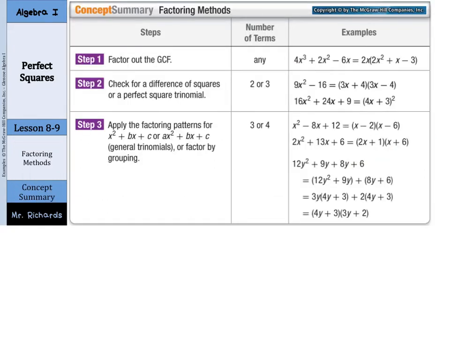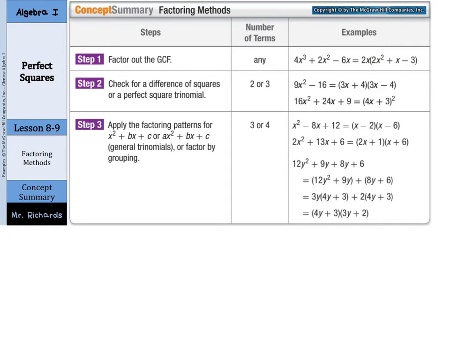So here is a summary of our factoring methods. Now, when you factor, you do need to have the polynomial written as a product of prime polynomials. You want to have it so it cannot be factored anymore. And so here are the steps that you can take. You can factor out the GCF, and you can notice how the 2x got factored out there.